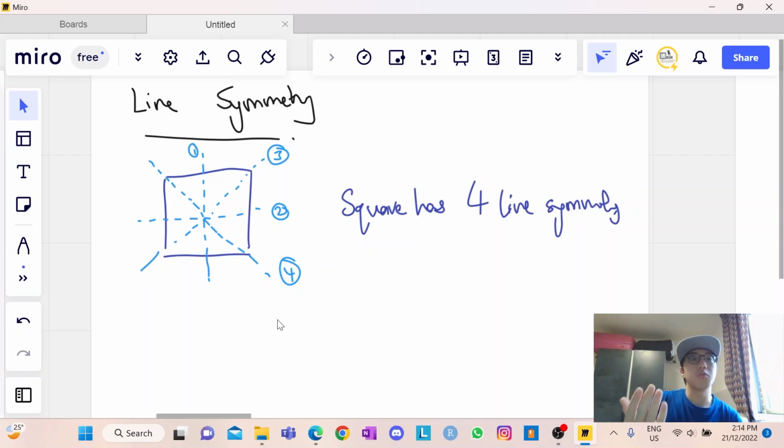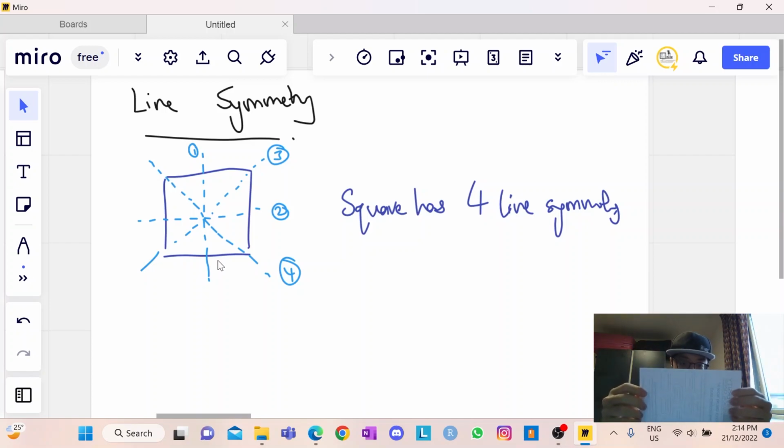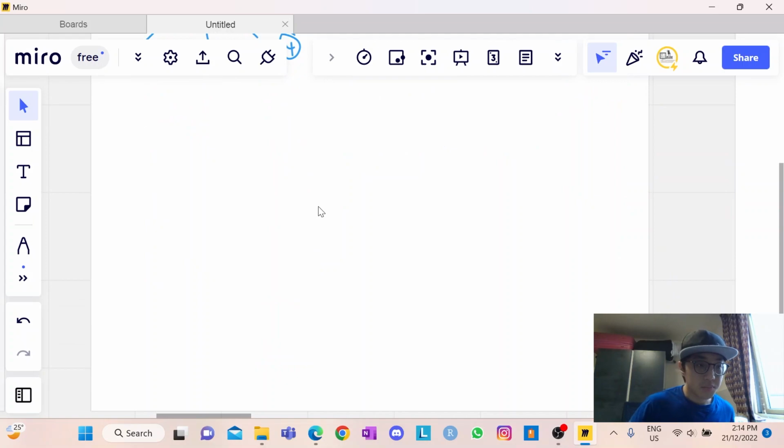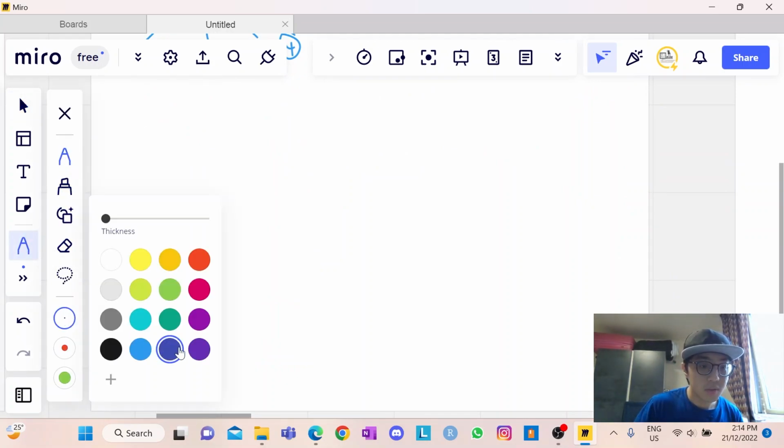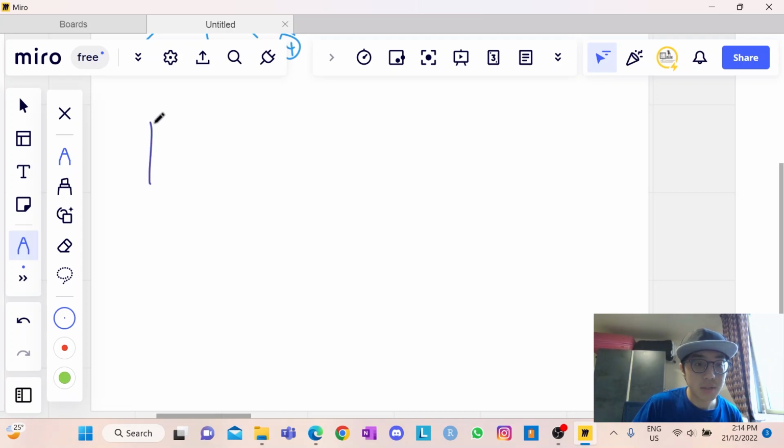For example, right here I have a rectangular piece of paper. So we're going to use this example to find how many line symmetry there are in a rectangle. Let's first draw a rectangle.